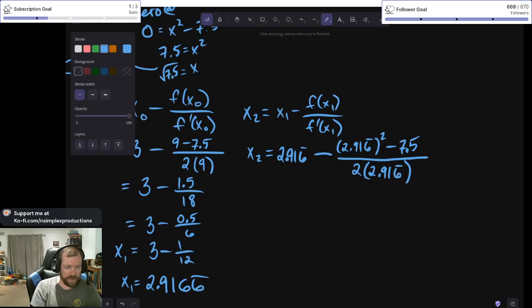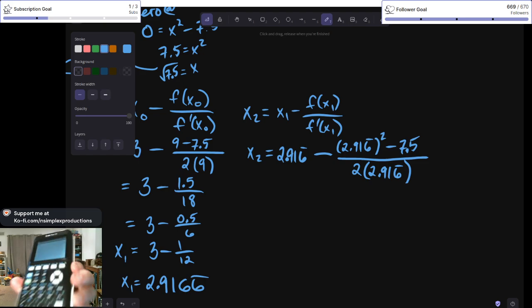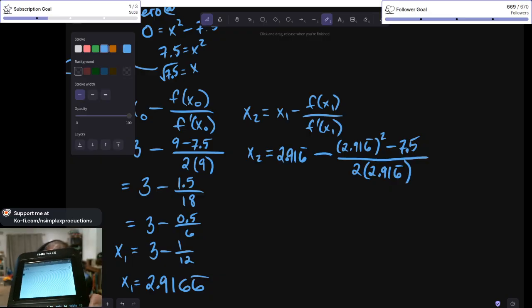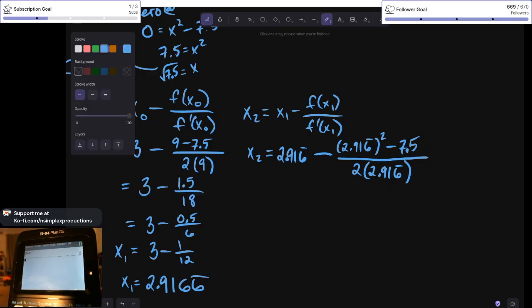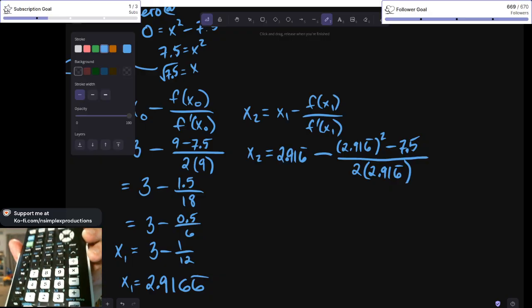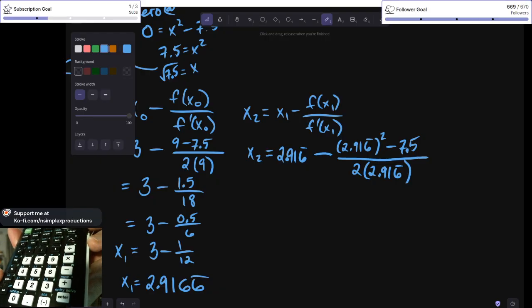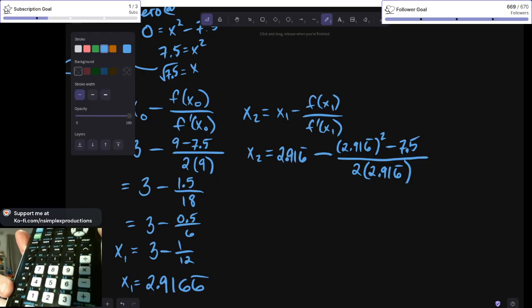What we do is we say, okay, our first number was 9. No, our first number was 3. Again, I did it again. First number was 3. We're going to store that into x. So 3 stored to x. The store button is just above on here, STO arrow.